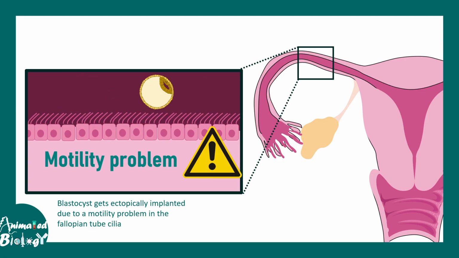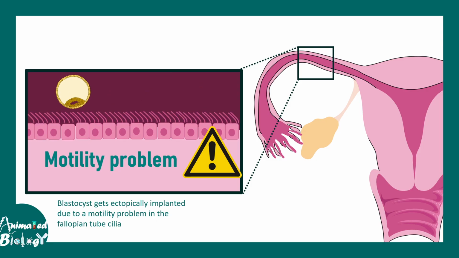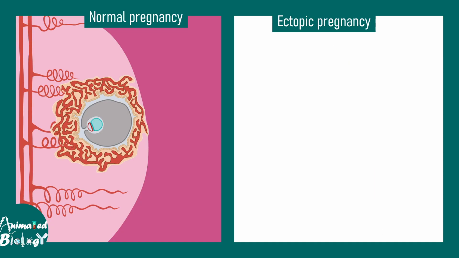That is how the blastocyst gets slowed down and gets implanted in the fallopian tube instead of the uterine cavity. In normal pregnancy, when the blastocyst is implanted, it establishes connection with the endometrial lining and ruptures the spiral artery to establish blood connection and ensure nutrient exchange.